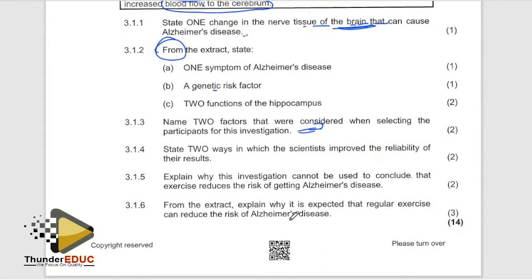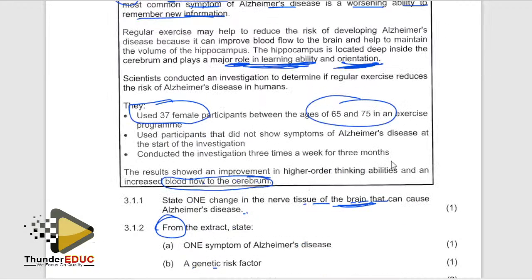So explain ways in which scientists improved reliability. You remember we said that you repeat the experiment and you increase the sample size. How did they repeat the experiment? In this case, they repeated the experiment. How did they increase the sample size? They used 37 female participants.